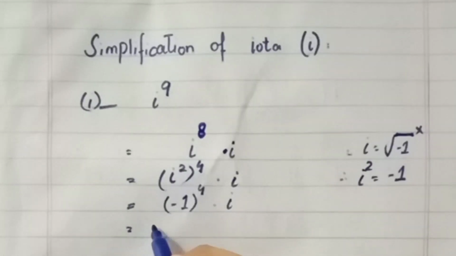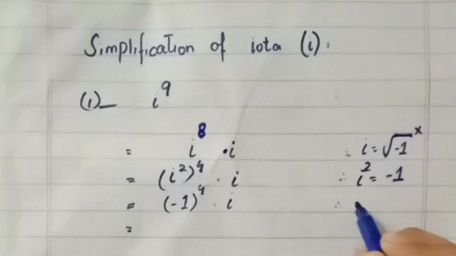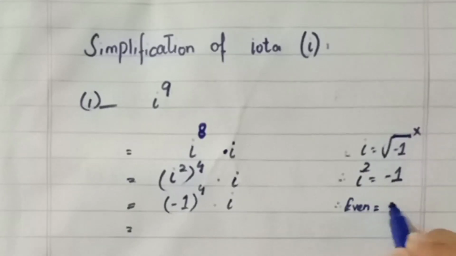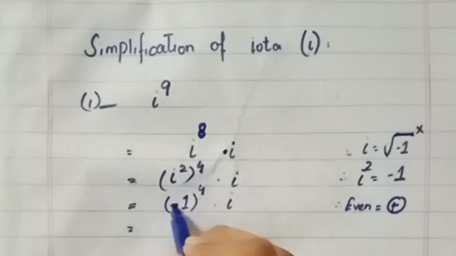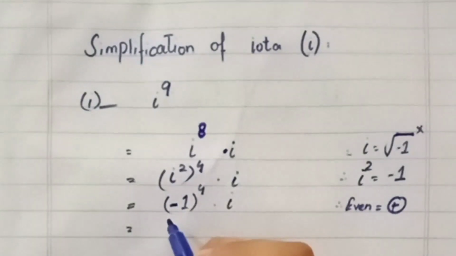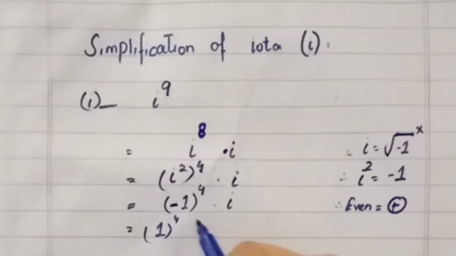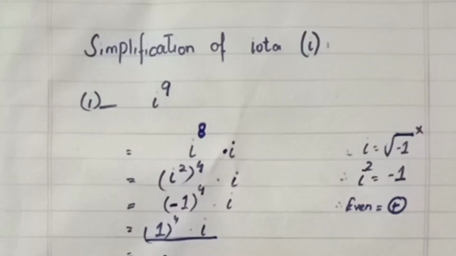Just see here, minus 1 is with power 4. When there is an even power, each element in the bracket becomes positive. The negative sign will be diminished and iota remains as it is. So the answer here will become just iota.